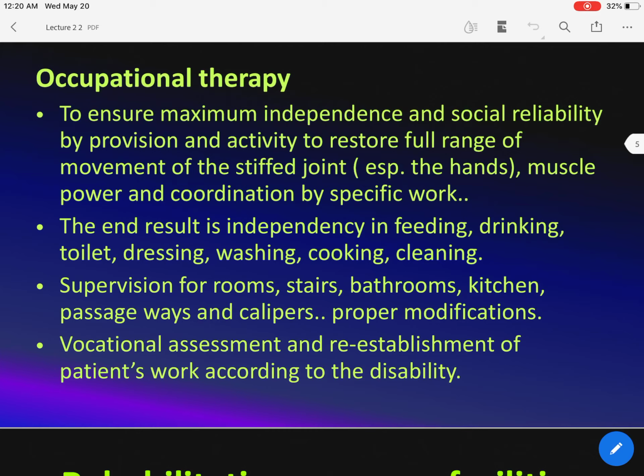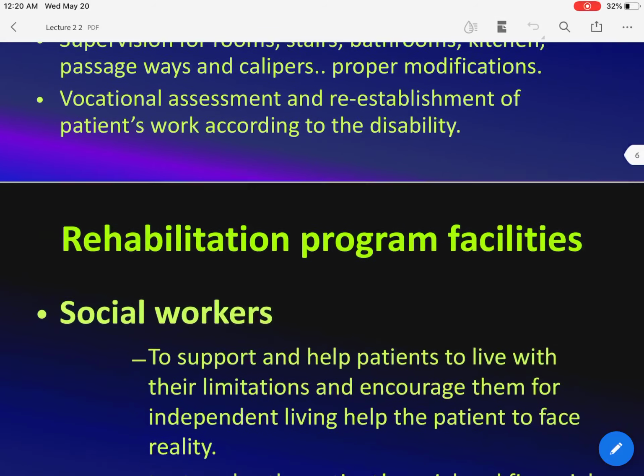So concentrate on the role of occupational therapy, important in a question and exam: maximum independence in activities of daily living, supervision of rooms, stairs, bathrooms, vocational assessment and re-establishment of patients' work according to their disabilities.